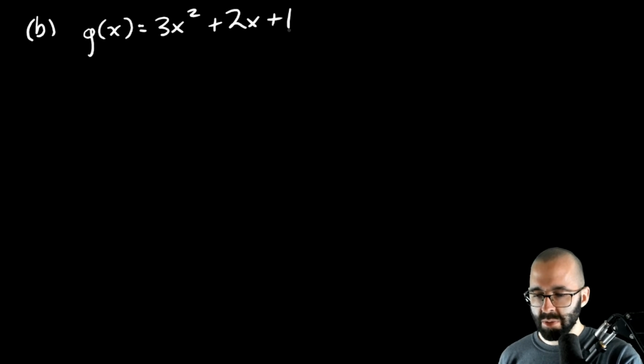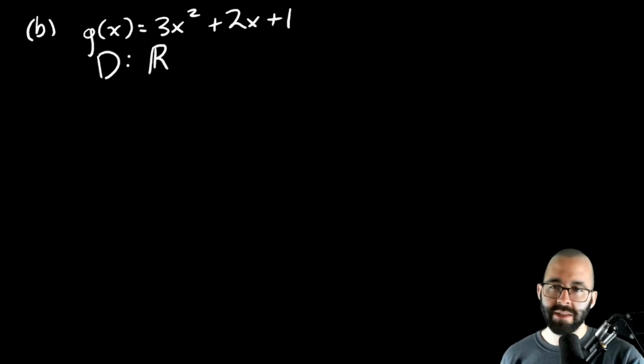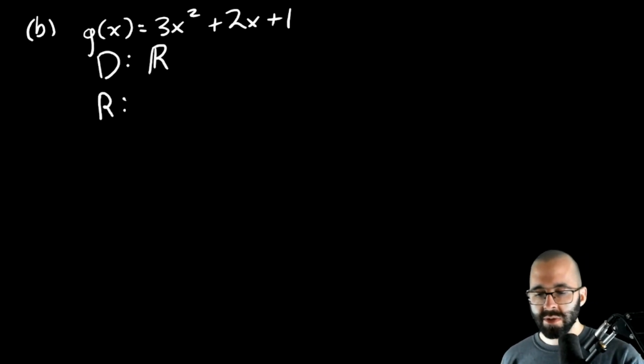Let's do another one, part B. Find the domain and range of this function: 3x squared plus 2x plus 1. Well, again, it's a quadratic function. The domain has to be all real numbers. The range, well, let's look at a. The a value here is positive 3, so it opens up.